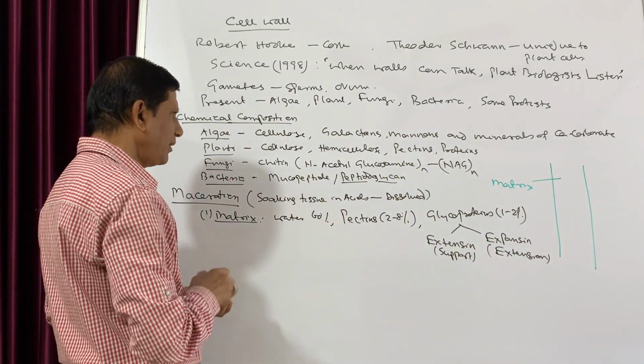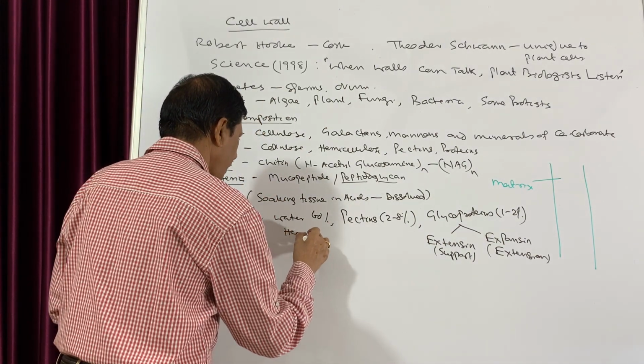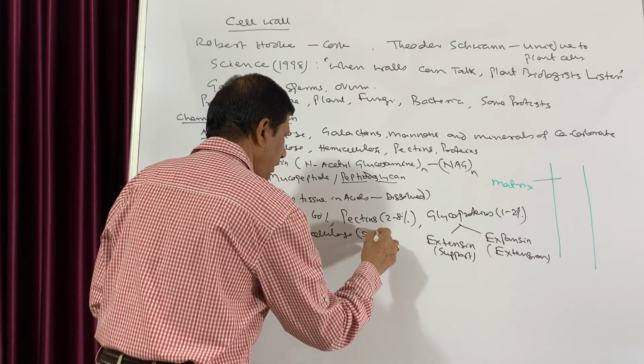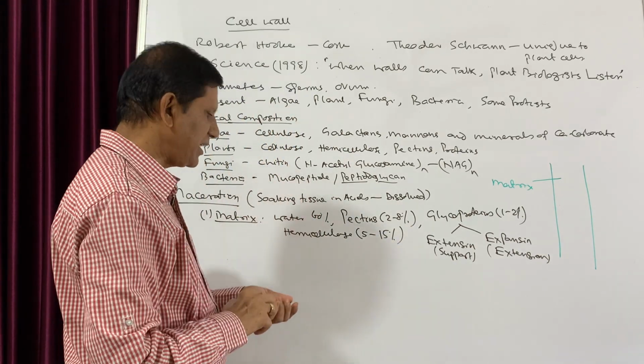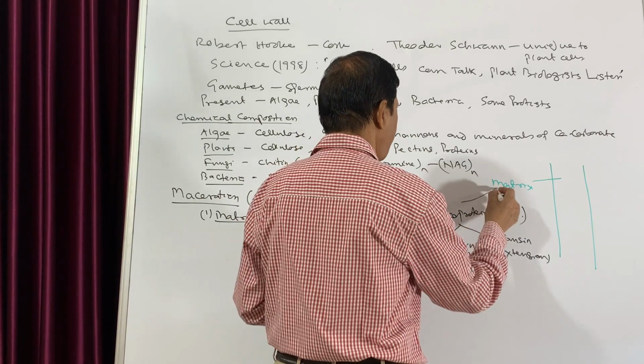In addition to that, you will also get hemicellulose, and that is present usually between 5 to 15%. That means these are the different substances present in this matrix.